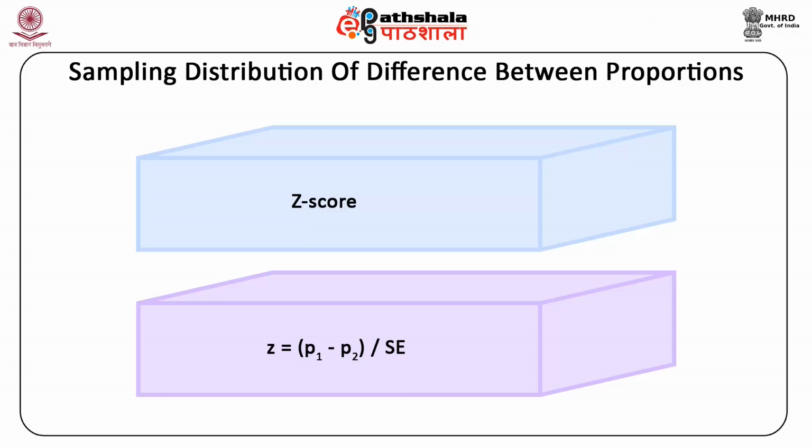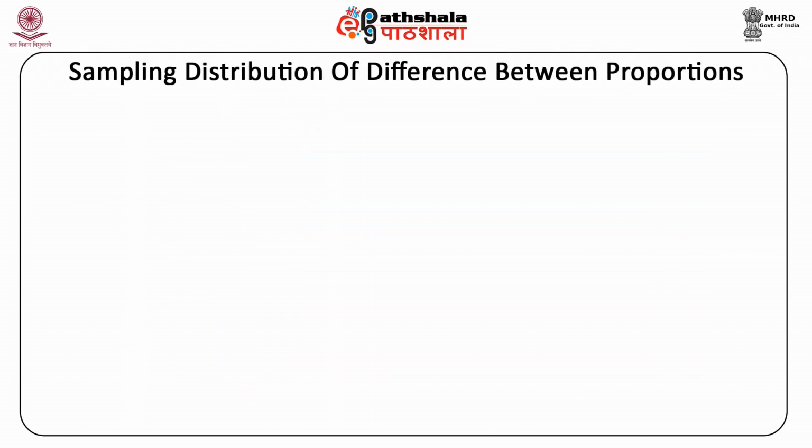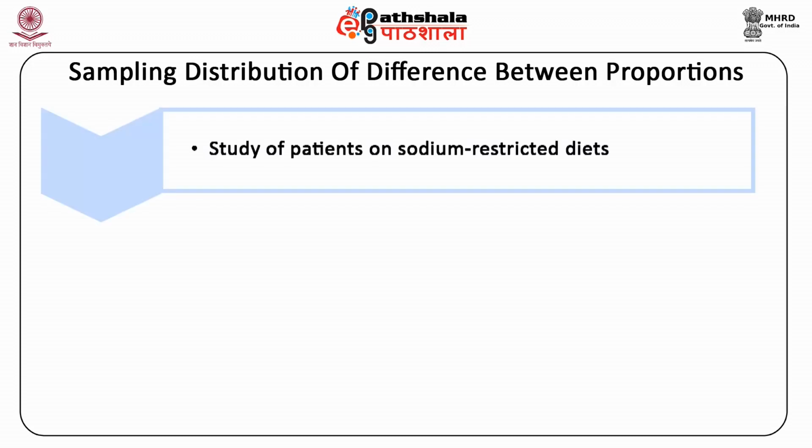The analysis described above is a two-proportion Z test. We can further understand this concept with the help of an example.